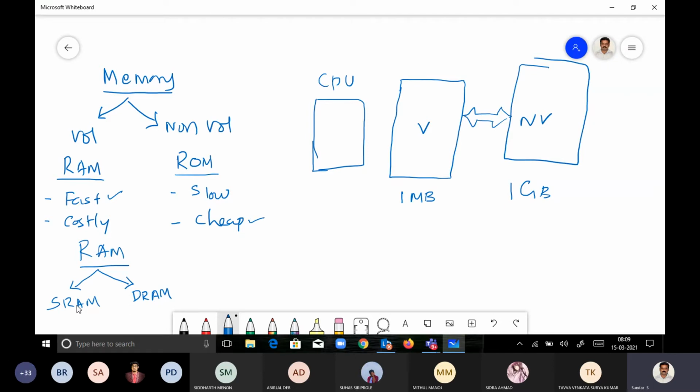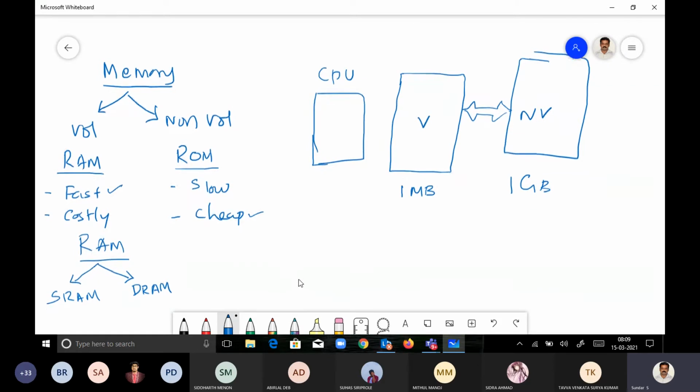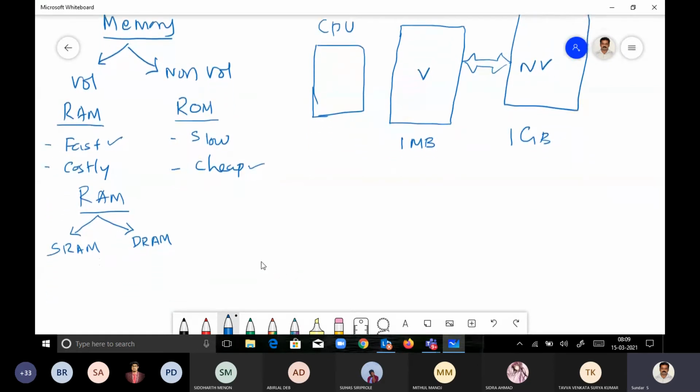So what is the difference between these two? In order to understand that, you should know what is called a memory cell.